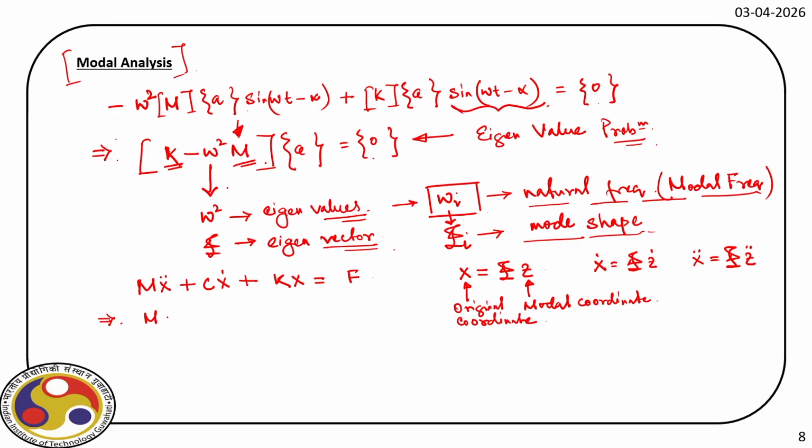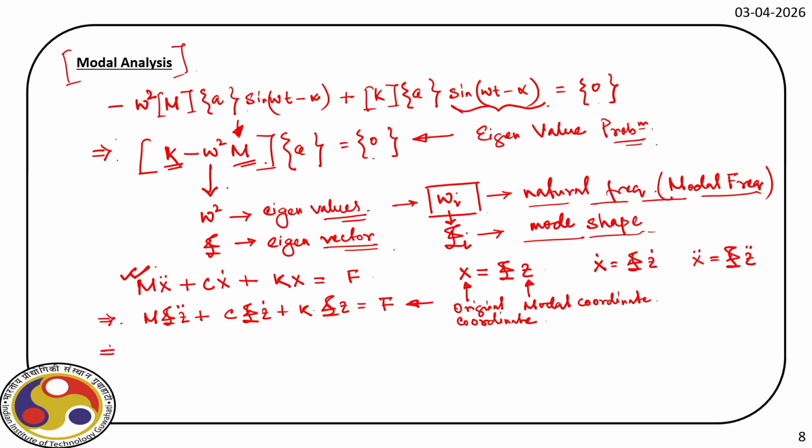We have m phi z double dot plus c phi z dot plus k phi z equal to f. So the original governing equation, which was in the original coordinate, is now transformed into modal coordinate.